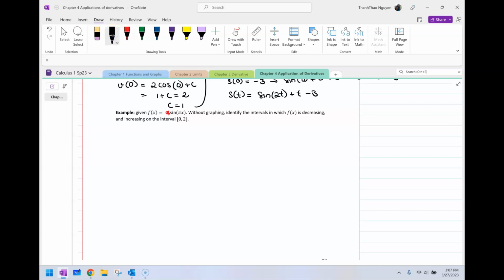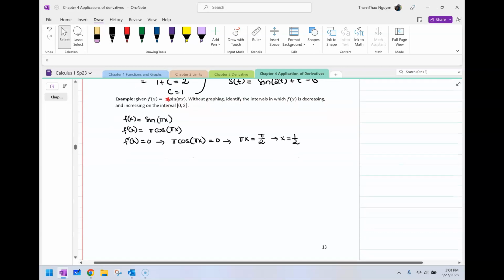First of all, we need to find the critical value. f of x equals sine pi x, then f prime of x is equal to pi times cosine of pi x. f prime of x equal to 0 implies pi times cosine pi x equals 0. This means cosine is 0 at pi x equals pi over 2 in this interval, so x equals 1/2.